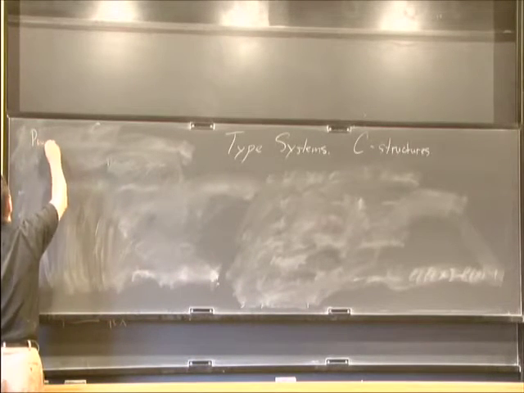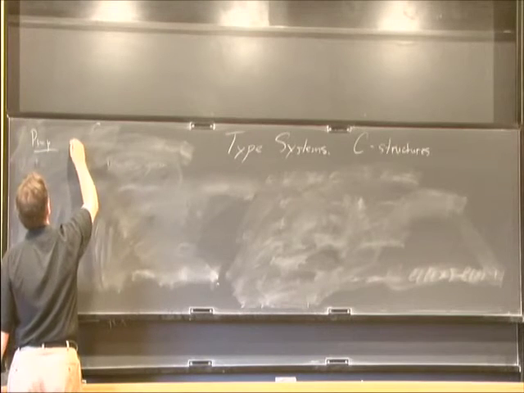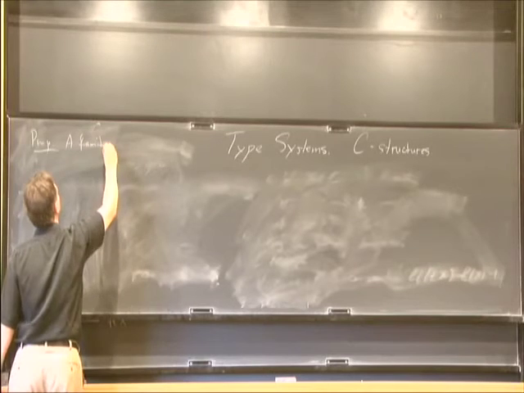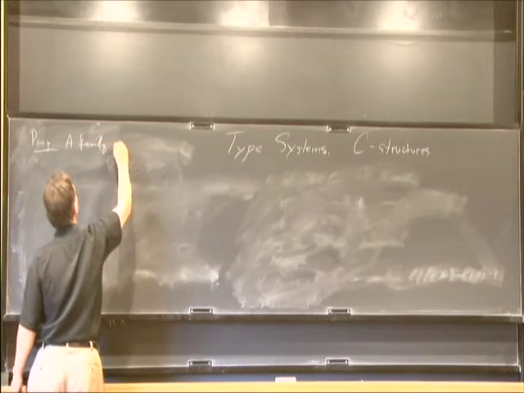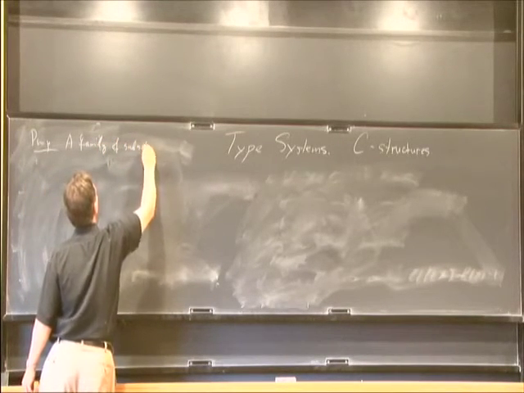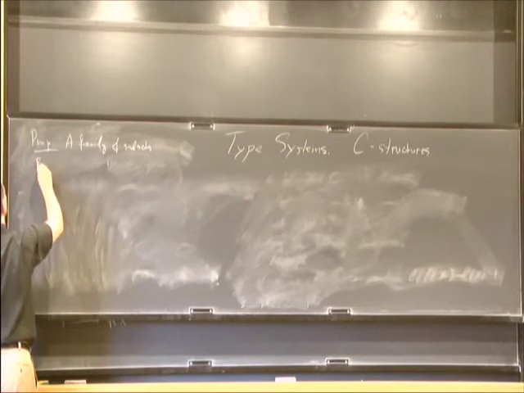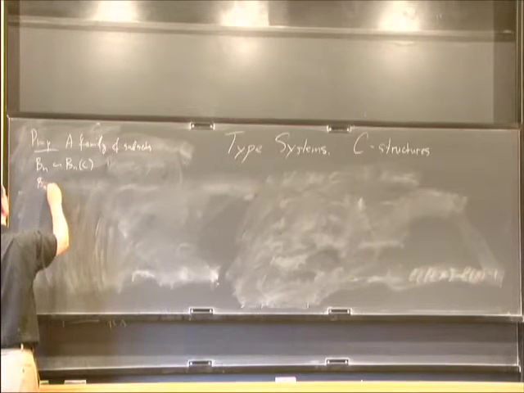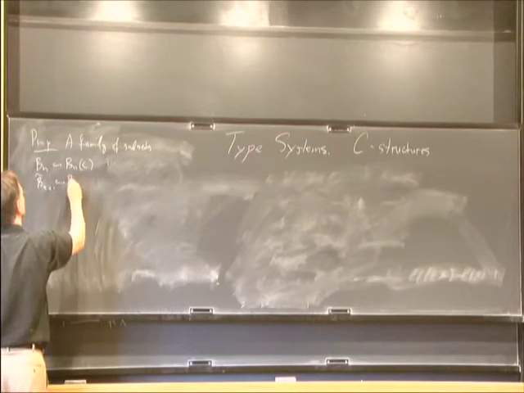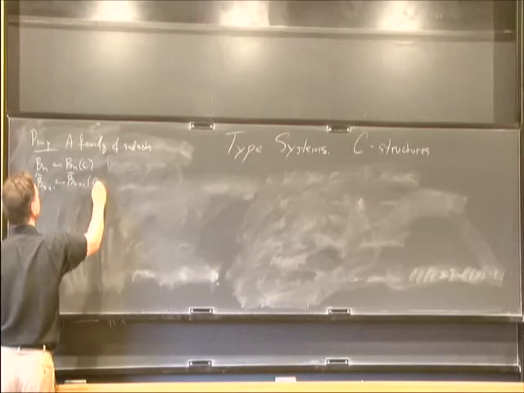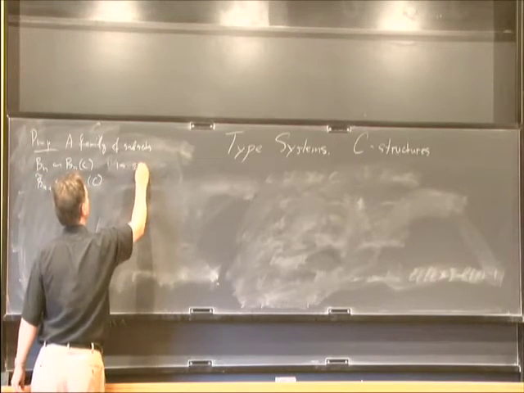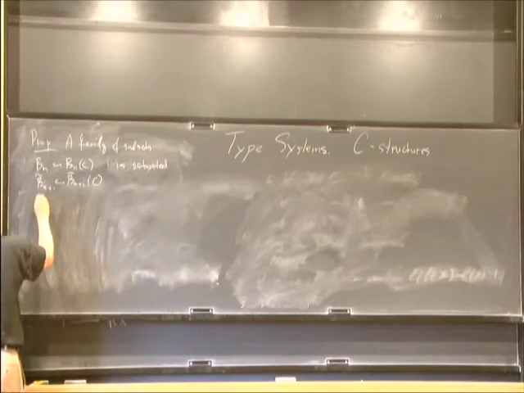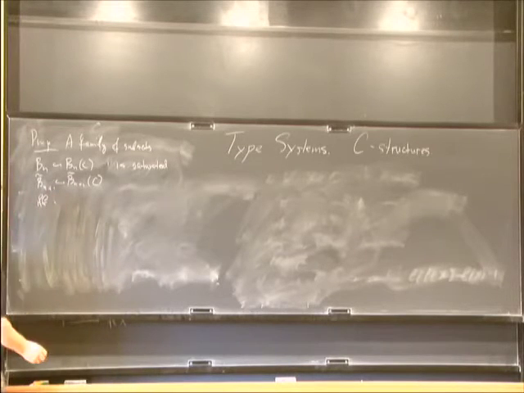So proposition: a family of subsets Bn in Bn of C, Bn plus 1 tilde in Bn plus 1 tilde of C is saturated if and only if the following conditions hold.